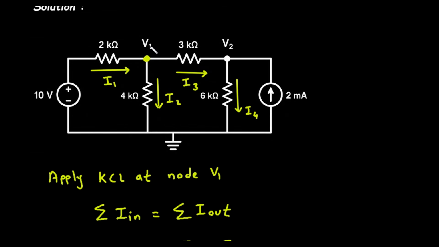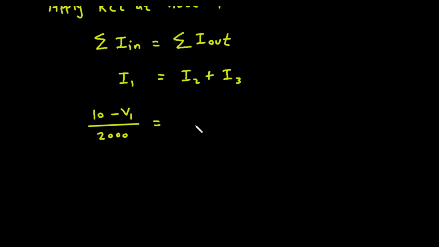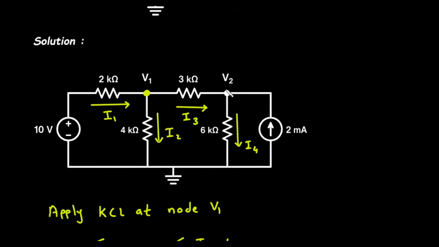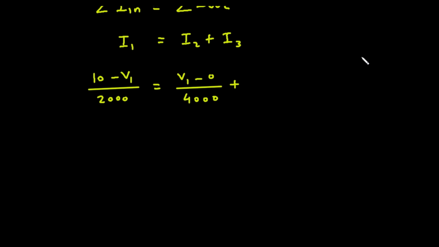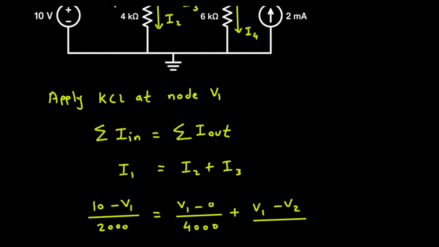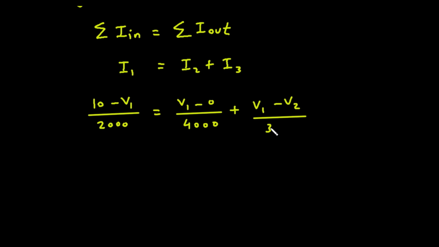So I2 will be V1 minus 0 divided by 4000. So here it is 4000 ohm. Then plus I3. Now this I3 is V1 minus V2 divided by 3000. So 3 kilo ohm is 3000.